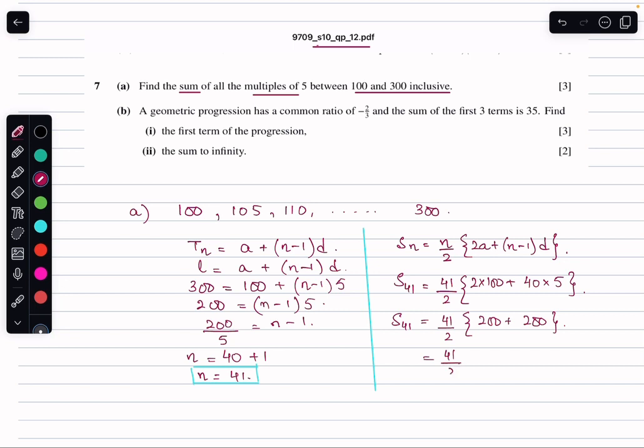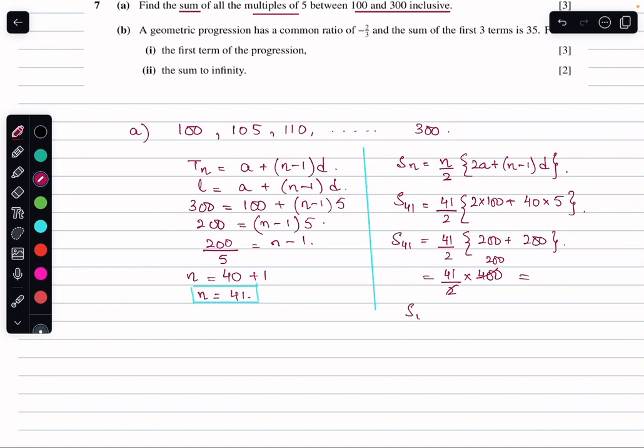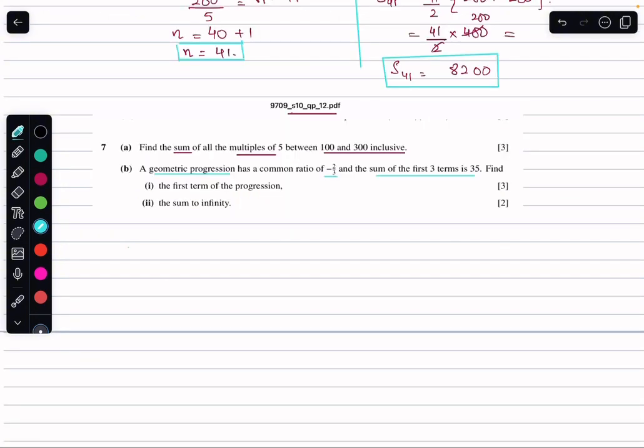So it's 41 divided by 2 times 400. 2 and 400 get simplified, and I can say that the sum of all the 41 terms is going to be 8200 here. So this shall be the sum of all these terms which are multiples of 5. Part B is talking about geometric progression, which has a common ratio.